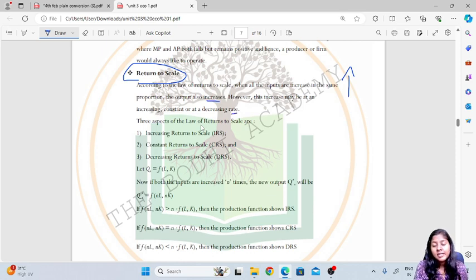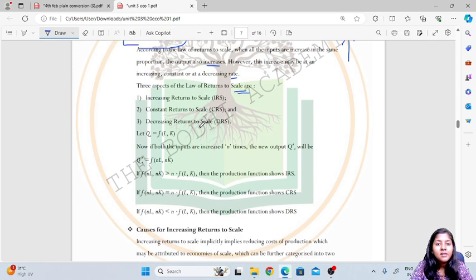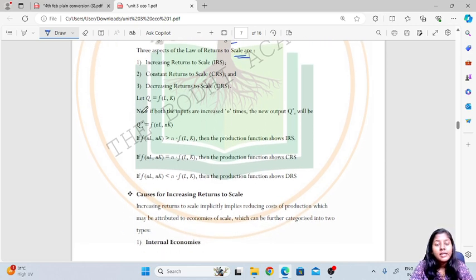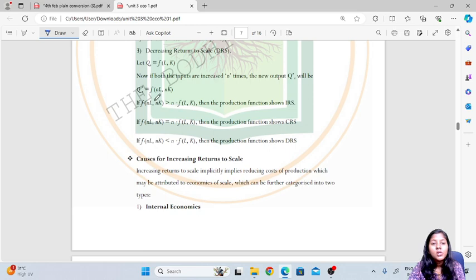The three aspects of the law of returns to scale are increasing returns to scale, constant returns to scale, and decreasing returns to scale. If both the inputs are increased n times, the new output Q is equal to F of n times labor and n times capital.